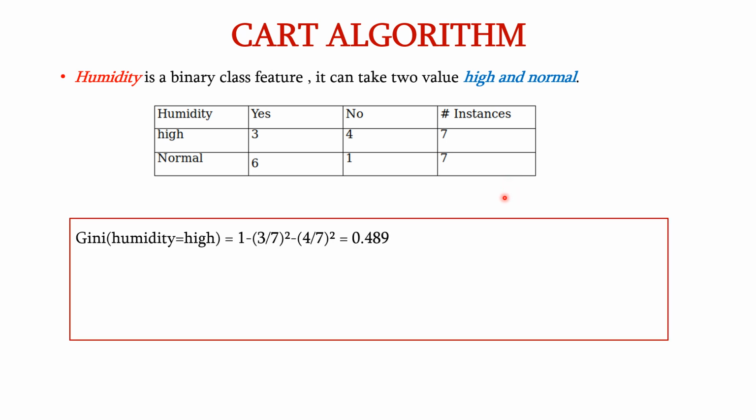So now let us find the Gini index for high and normal. Gini of humidity for high is 1 minus the number of yes instances, 3, divided by the total number of instances 7, whole square, minus for no, 4 by 7 whole square, and the value is 0.489. Similarly for normal it is 1 minus for yes 6 by 7 and for no 1 by 7, so it is 0.244.